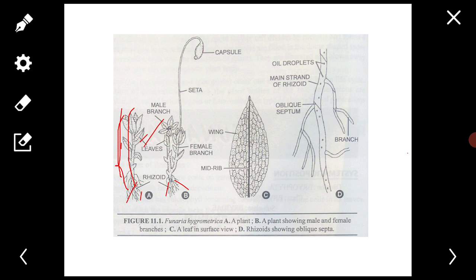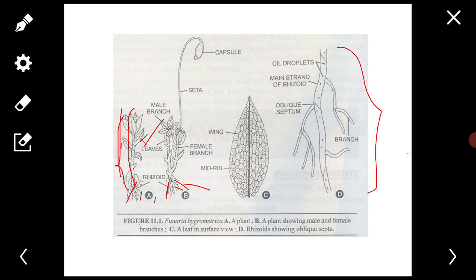Rhizoids, that is this or this. The rhizoids arise from the protonema, that is the first stage of the gametophytic life cycle, as well as from the base of the adult gametophyte.